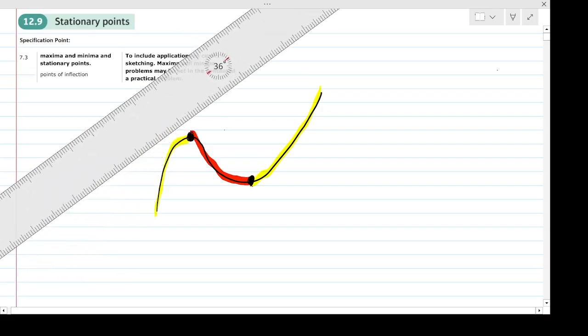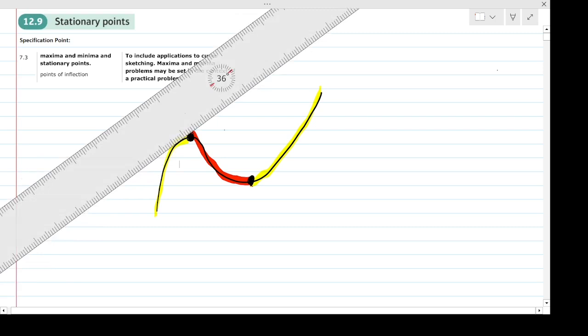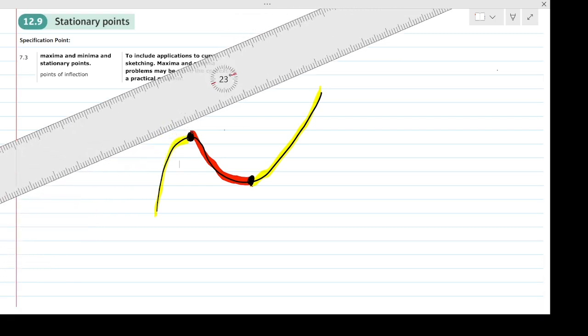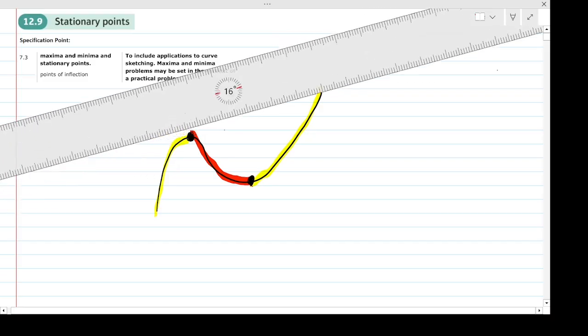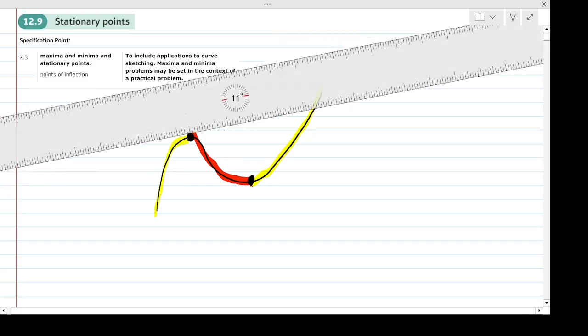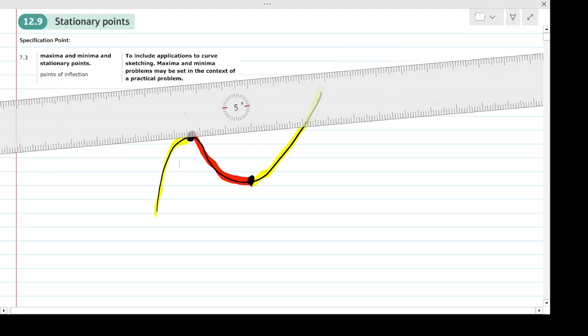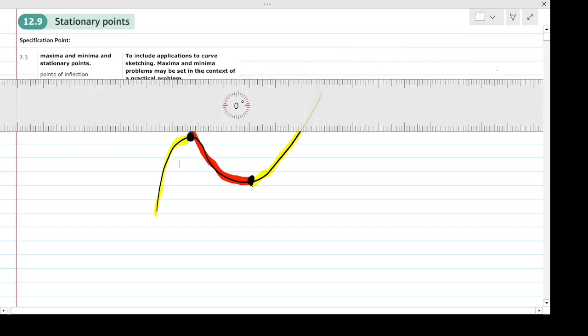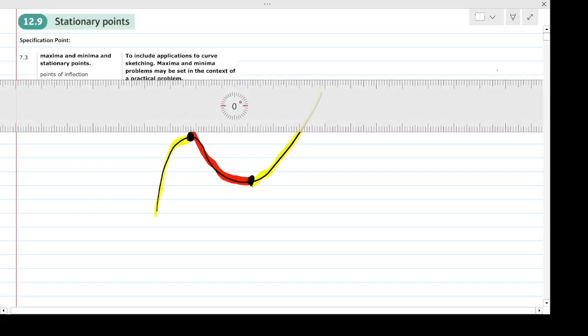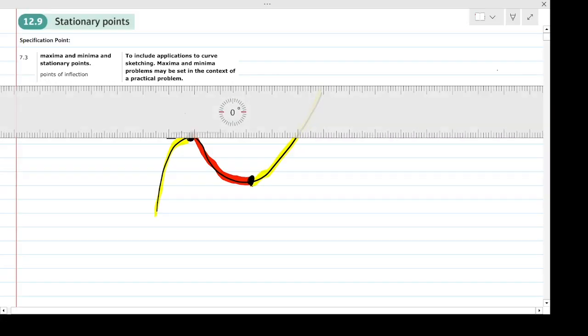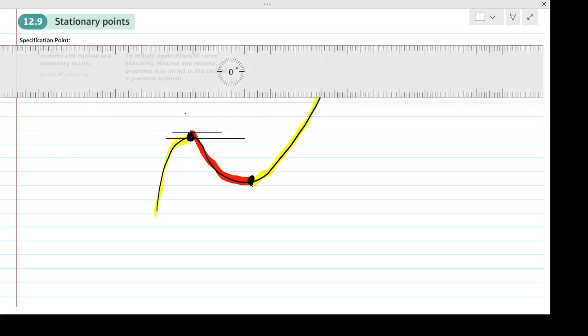As I get closer to my point, it's getting less and less steep, there's less of a rise, and eventually, when I'm tangent to that point, it's completely flat. So the tangent at this point is completely flat.